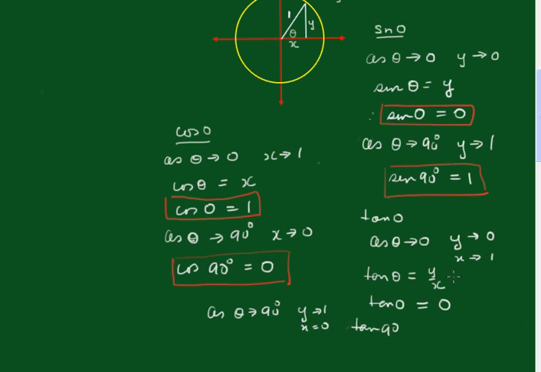So here we'll have 1 on 0, and clearly 1 on 0 is not defined. Therefore, the tan of 90 degrees approaches infinity. Right, now, so we'll just underline that.